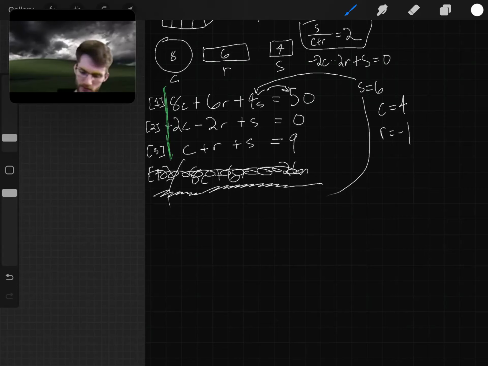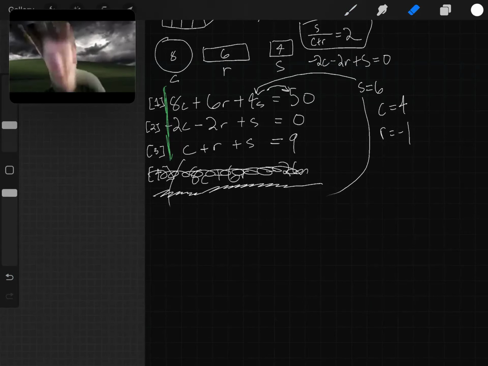So going to equation 3, 6 plus -1 plus 4 does equal 9. So yes, our solution is correct. It's just in this instance, our solution, even though it satisfies all of these equations, doesn't make too much sense. However, it's kind of close to what we want.